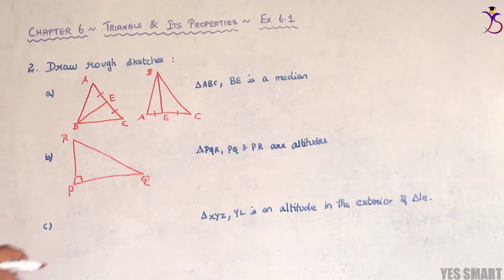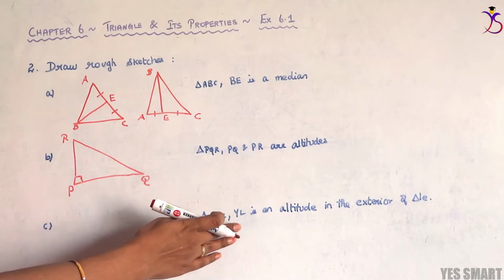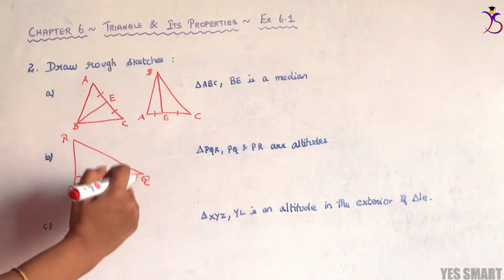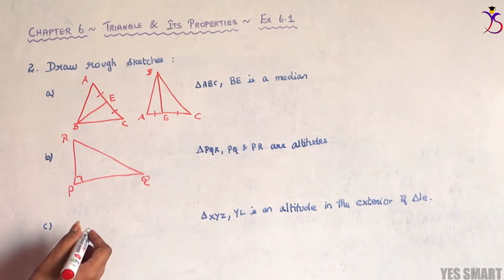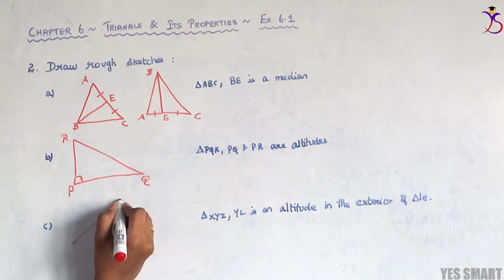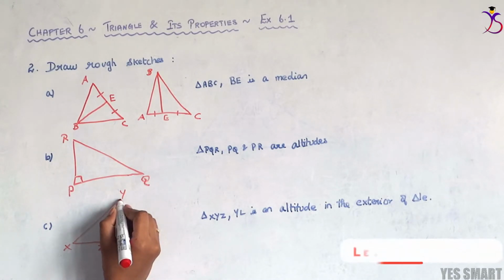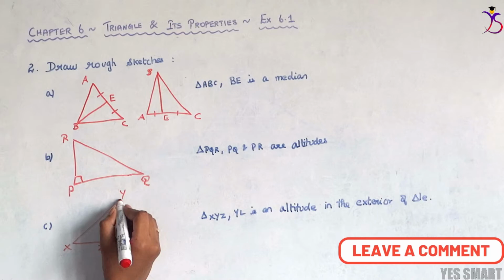Now, question C subdivision. Triangle XYZ. YL is an altitude in the exterior of the triangle. So let's draw the triangle XYZ first. X, Y, Z. Now we are supposed to draw the altitude YL which lies exterior to the triangle.